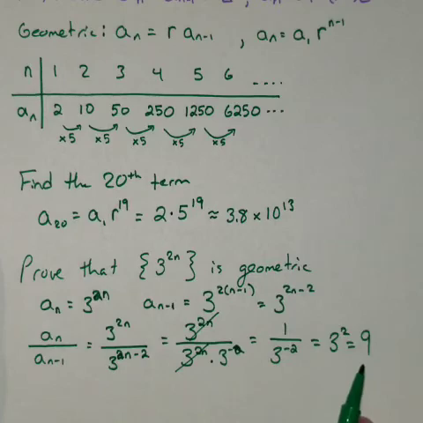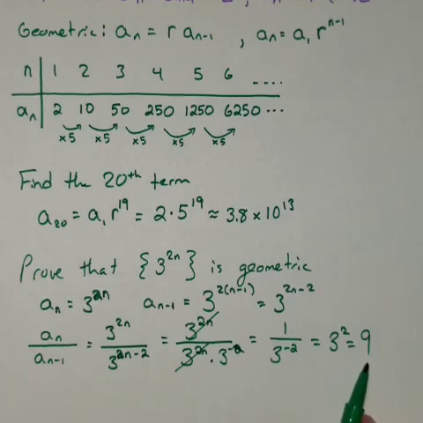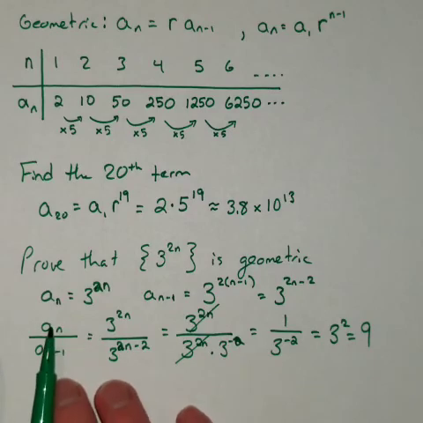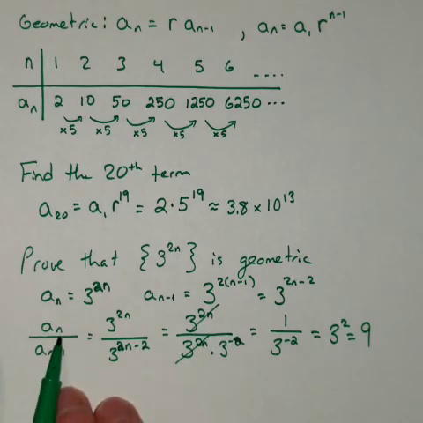Because 9 is a constant, we know that it is a common ratio because it occurs for every pair of consecutive terms. It doesn't matter what they are because I just use general numbers n and n minus 1. Right?